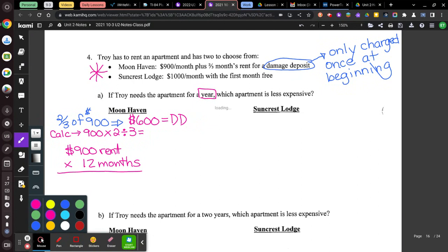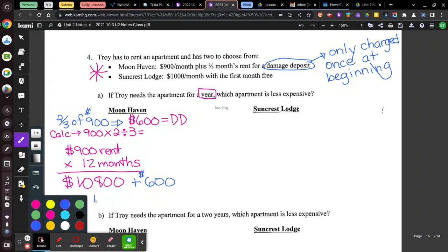That's going to give us $10,800. That's rent only. We have to pay rent plus 1 month damage deposit. So now we're going to add that damage deposit, plus 600.